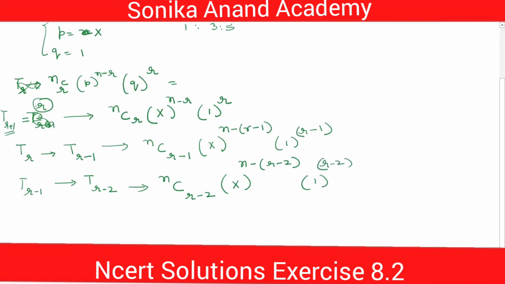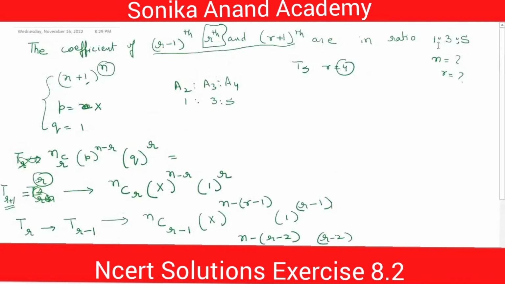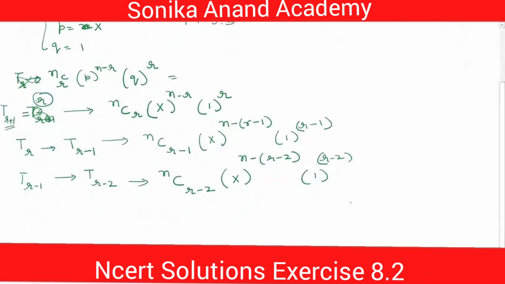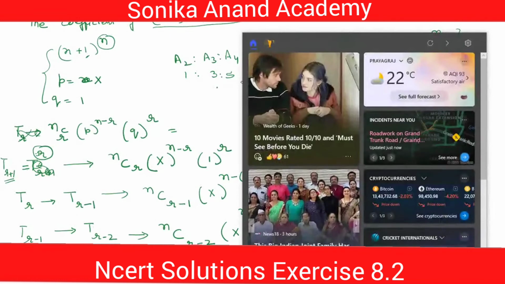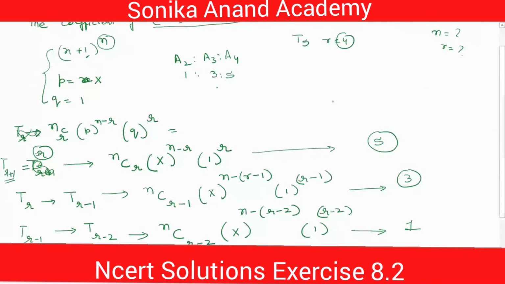Now we have the ratio 1, 3, 5. So this is for 1, this is for 3, and this is for 5. Listen, when we have to find T6, we go for r = 5. If we have to find T5, we go for r = 4.